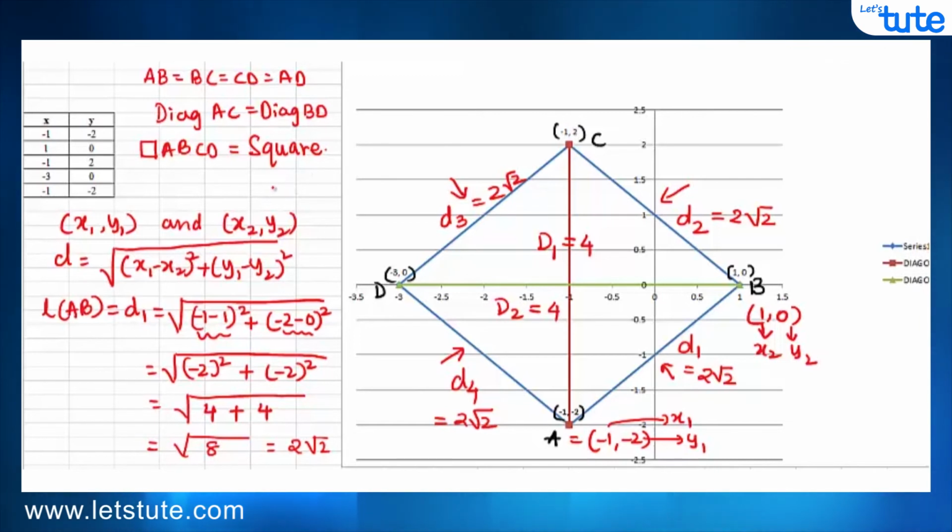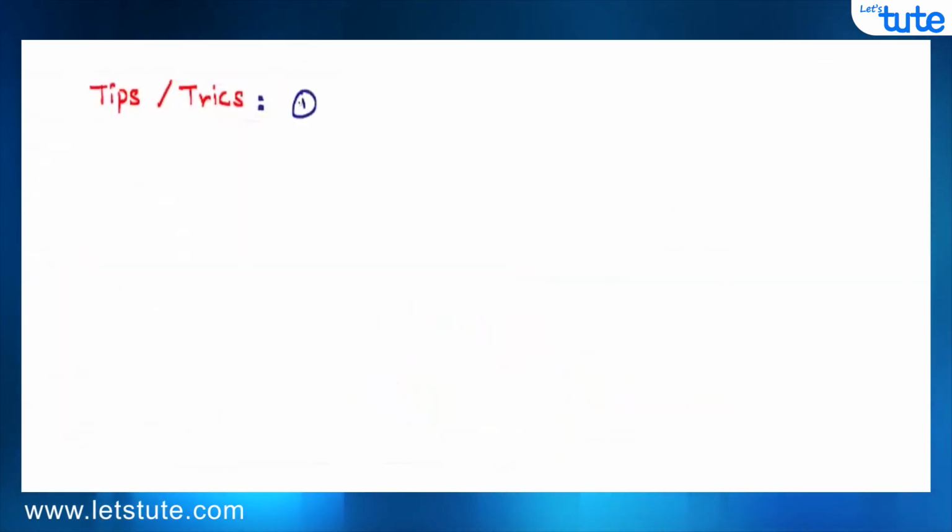It's so easy. So now let me give you some tips and tricks to find the type of quadrilateral based on the lengths of the sides and the diagonals. Number 1. If the quadrilateral is a square, as for this question we got a square, right? So ABCD, suppose this is the name of the quadrilateral. These are the diagonals AC and BD.